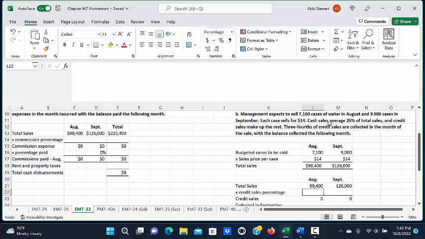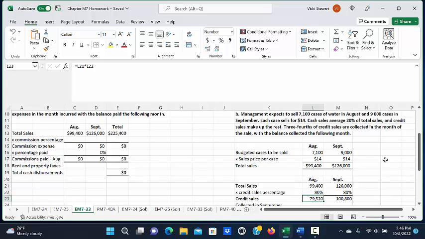Now the problem stated that cash sales average 20% of total sales and credit sales make up the rest. So first we're going to compute the amount of credit sales by multiplying the total sales times 80%. Then the problem stated that they collect 3/4 of credit sales in the month of the sale, with the balance collected in the following month.